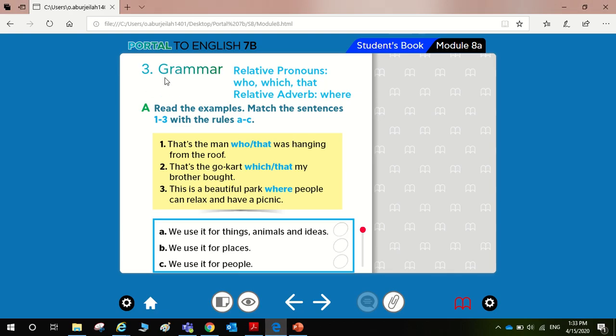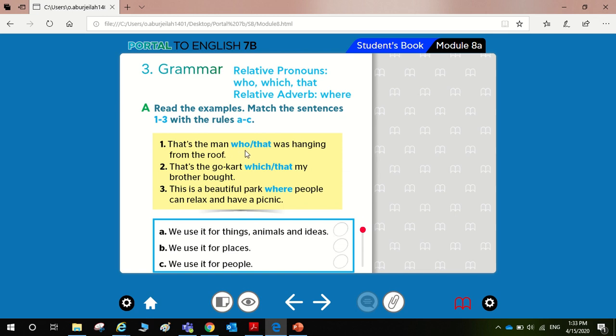On this page, you'll see grammar: relative pronouns, which are who, which, that, and relative adverb, where. The first step, there are 3 sentences or examples. We're going to read them and I'm going to explain them.